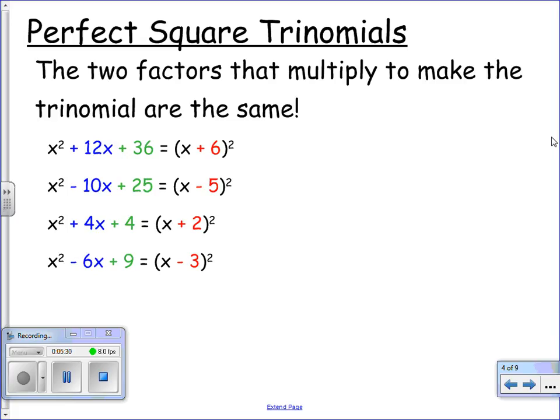And that means the red number is always half of the blue term. Do you agree with that? Half of 12, half of negative 10, half of 4, half of negative 6. Okay, so I'm going to write that down. This is always half of the middle term, and that's the blue number. What else?